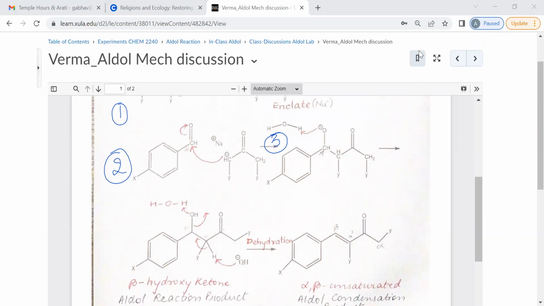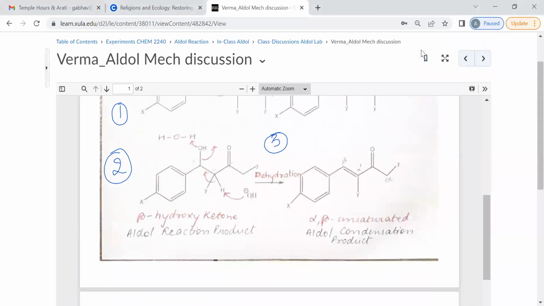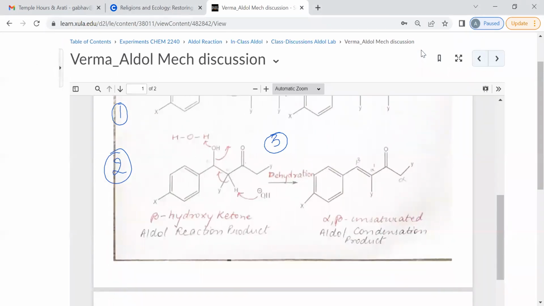At this point, I want you to see this is known as the aldol reaction. You have the carbonyl, you have the alcohol, a beta hydroxy ketone. A beta hydroxy ketone is 1, 2, or alpha, beta.